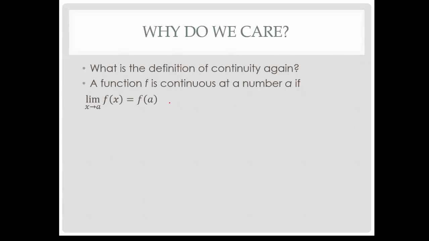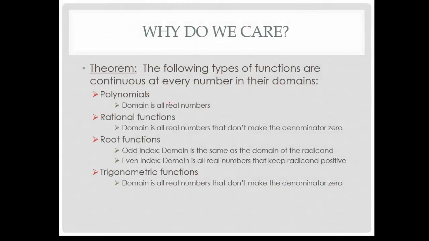Well, what did we just say about these functions? They are continuous at every number in their domain. So if you want to calculate a limit as x approaches a that involves any of these functions, or their sums, their differences, their products, their quotients, as long as it doesn't make your denominator 0, then all you have to do is plug in a in place of x.